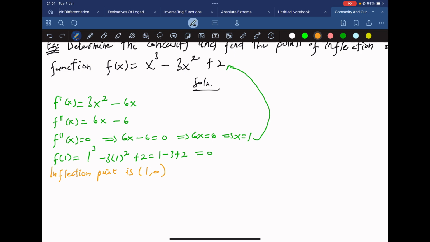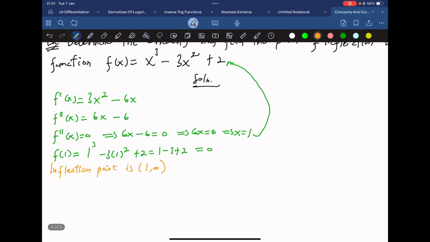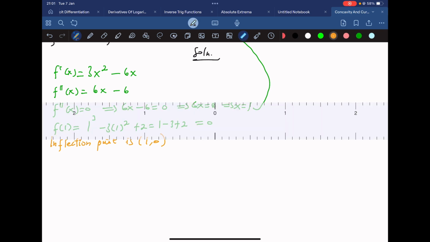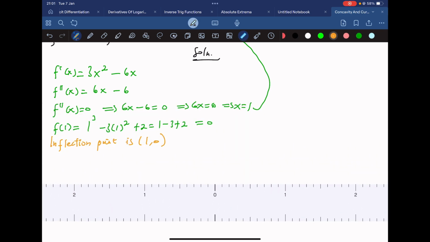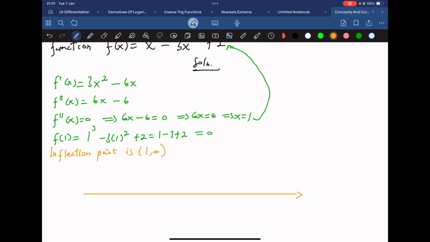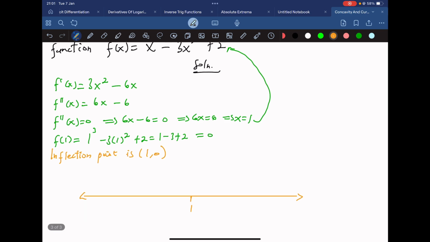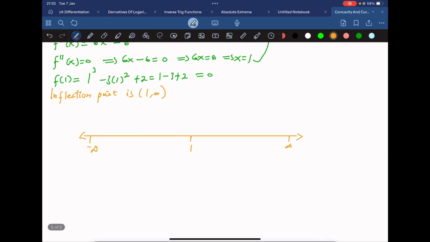Now we have to determine the concavity. In determining the concavity, what you have to do is to draw your number line. So just as we did previously, we draw a number line. We have an inflection point x equal to 1. We have infinity here, we have negative infinity here. We can pick a number between negative infinity and 1, so we can say 0.